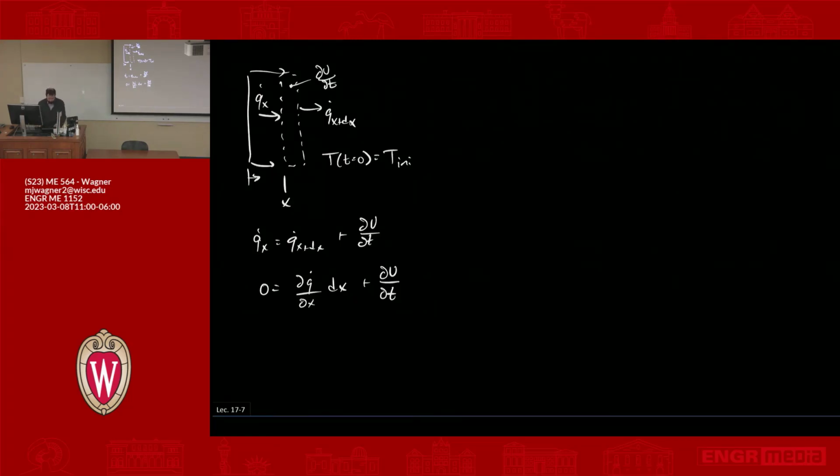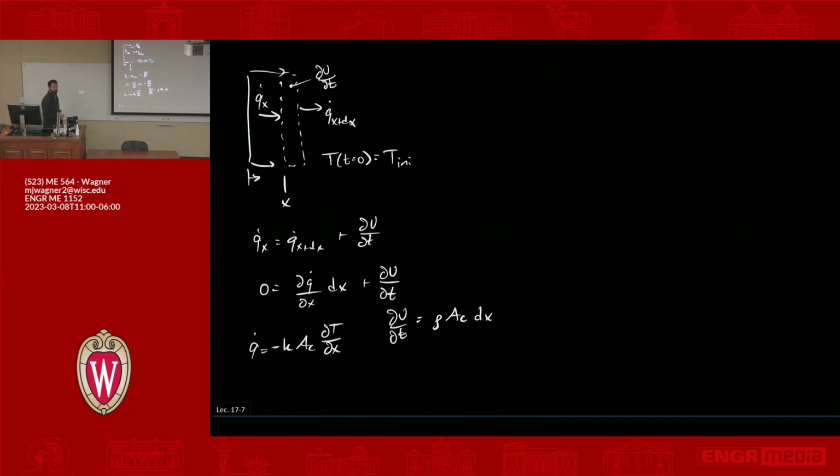Q dot is going to be Fourier's law. So Q dot is going to equal minus k A_c partial temperature with respect to position. And then U is, let's see, du dt, so that's mass times specific heat. So mass is going to be density times the cross-sectional area A_c times dx, right?